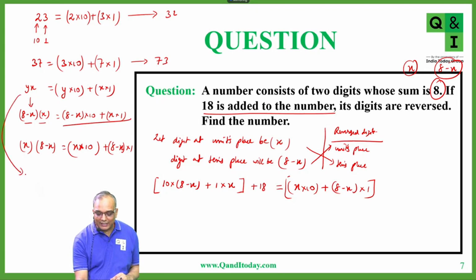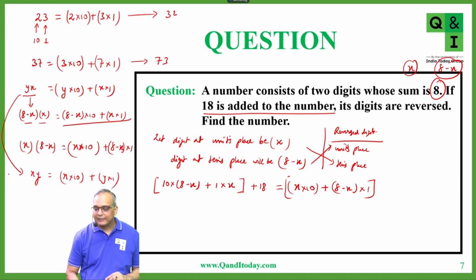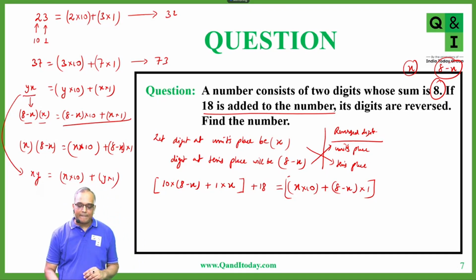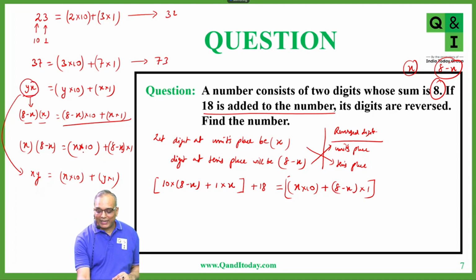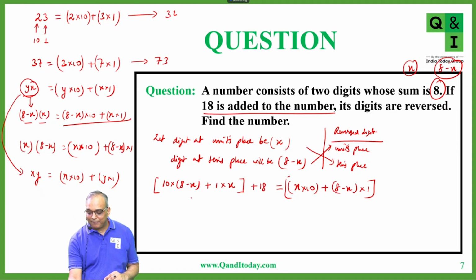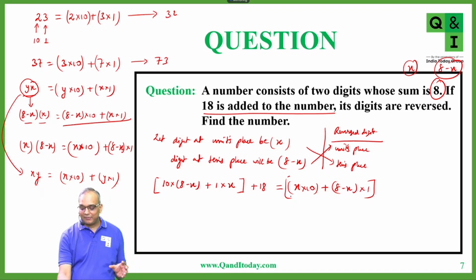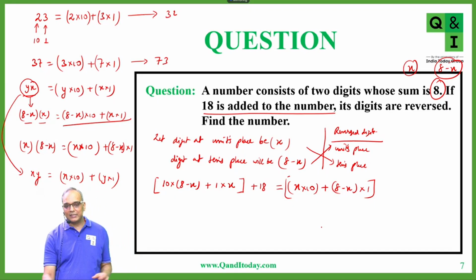If I take the reverse of this, it will become xy. So here I'll multiply x by 10 and y by 1. Is it clear? Yes, sir. So this is my original number yx. I have added 18 to the original number and I get the number with the reversed digits, that is xy.